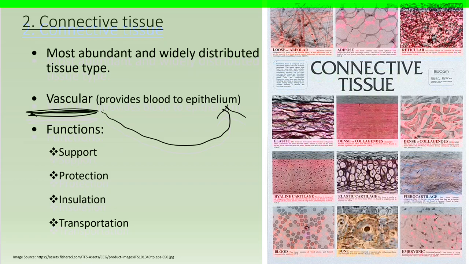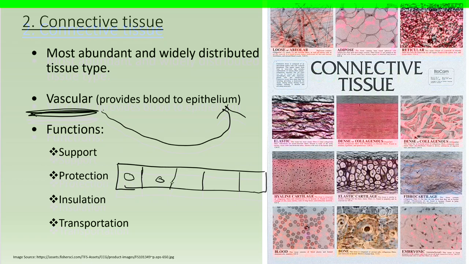So if you remember epithelial tissue, one of its characteristics is avascular. It does not have its own blood supply. So it needs to receive blood supply from the tissues underneath it. So for instance, if we were looking at a layer of simple cuboidal tissues, remembering that epithelial tissue is named by both the type of cell, or the shape of cell, I should say, and the number of layers.